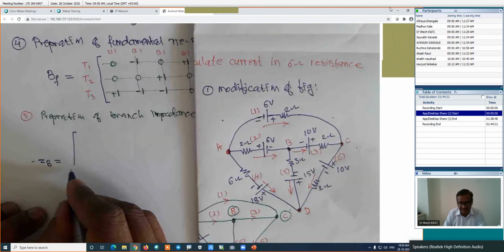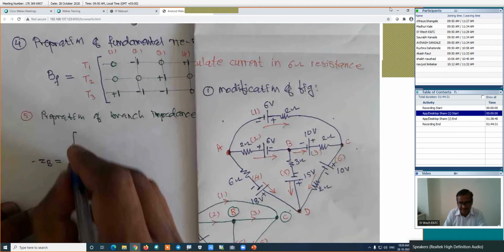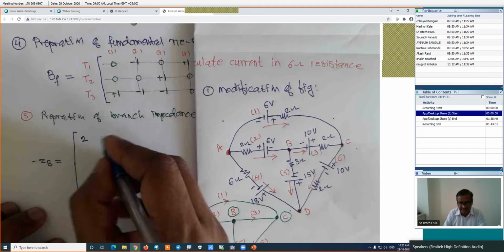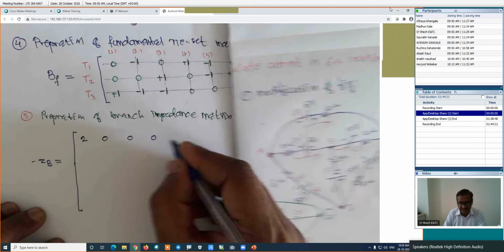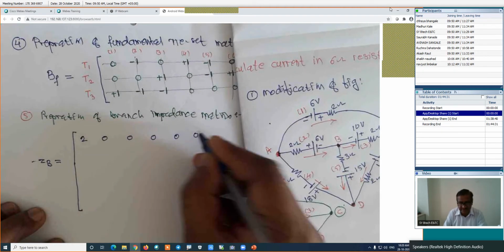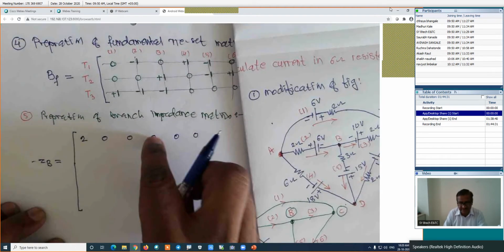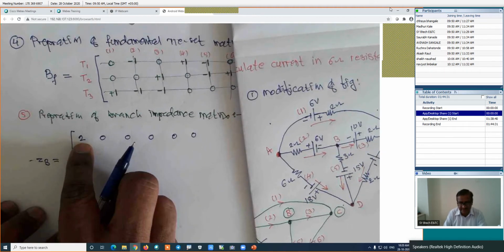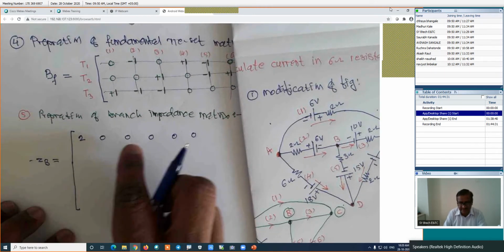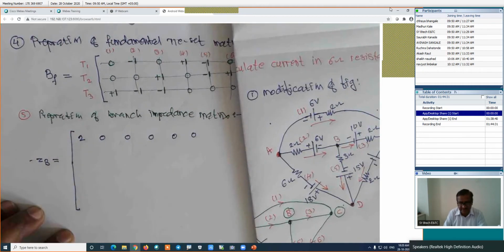It will be something like this. This is 2, 0, 0, and so on up to 6 entries, because it is Z11, the impedance of the first branch. The impedance which is common to the first and second is 0, and so on. Is it right?